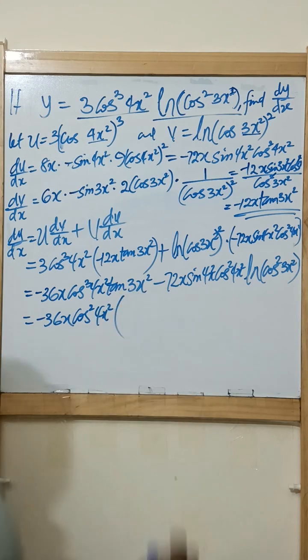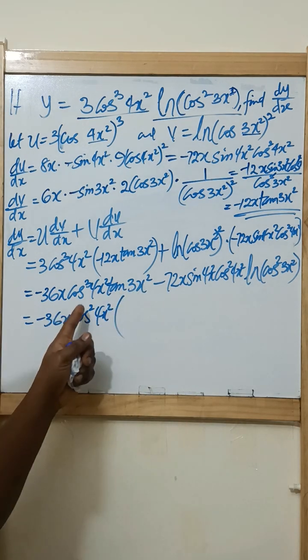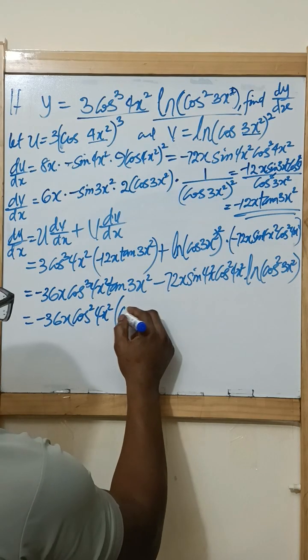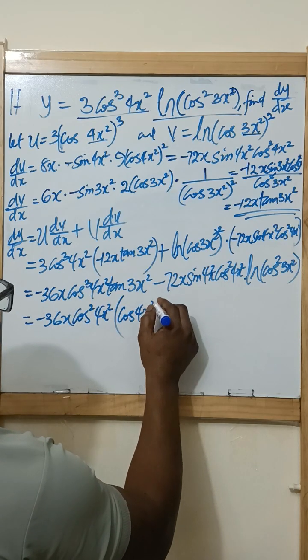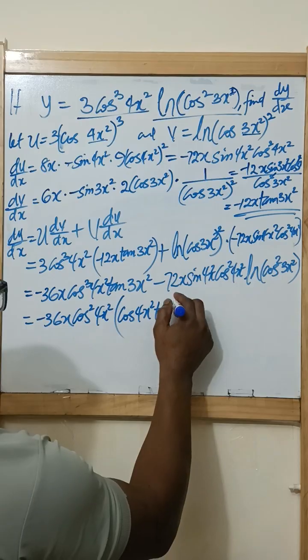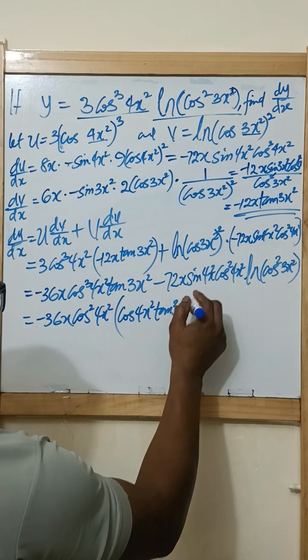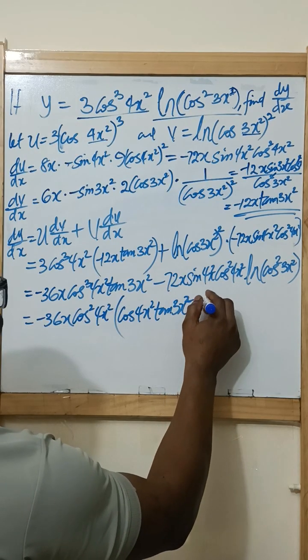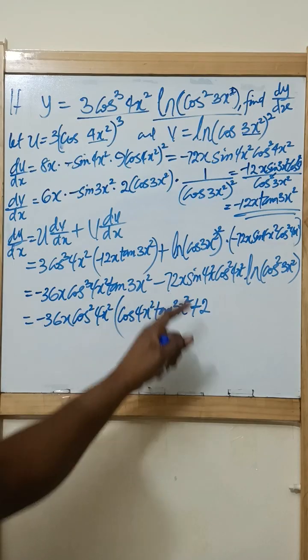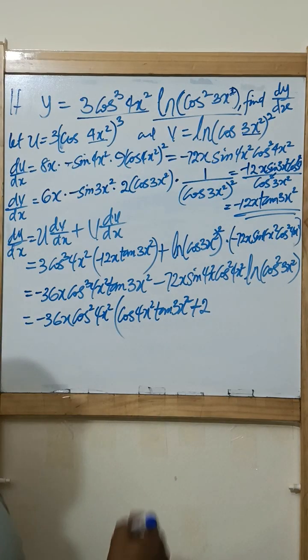So if we open the brackets, what is left here is cos 4x squared, then tan 3x squared, plus 2. That is 36 and 72, that's 2.